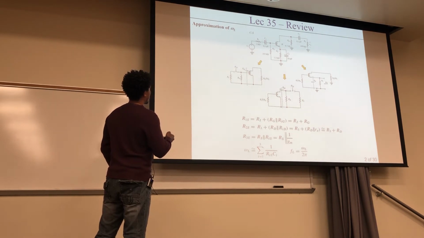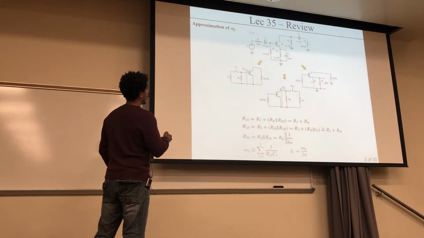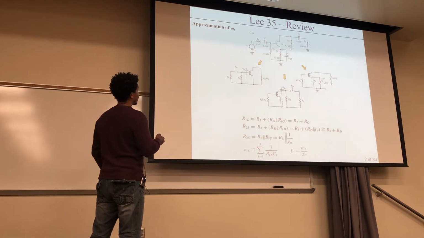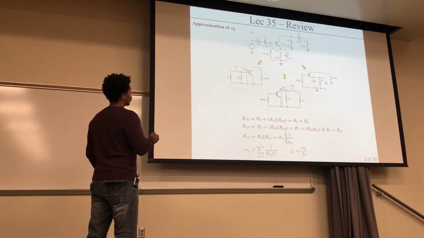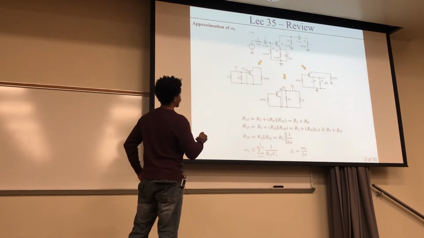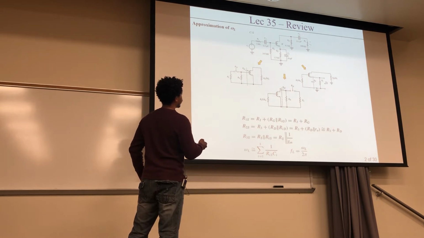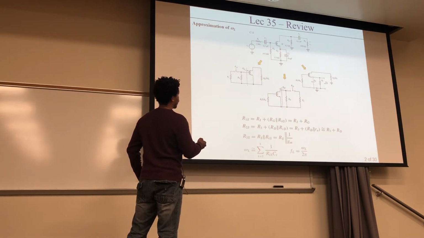From that, we looked at the circuit to determine what R1S is. We did the same thing with capacitor C2, turning it into a resistor and looking at the effective resistance seen by this port, and did the same thing with capacitor C3 for R3S.